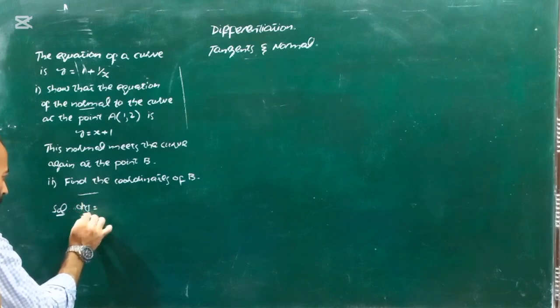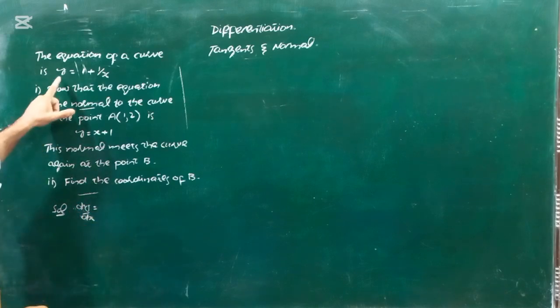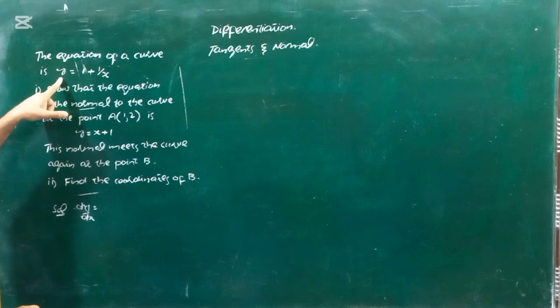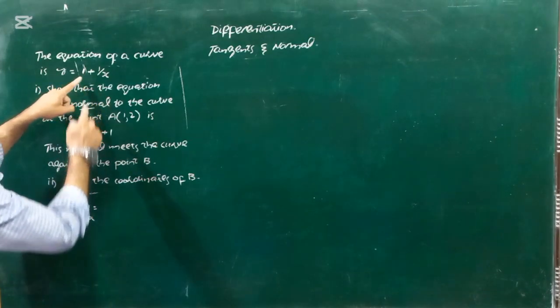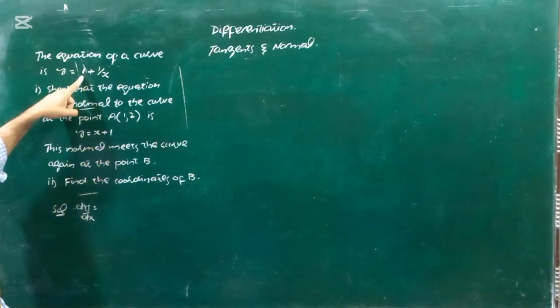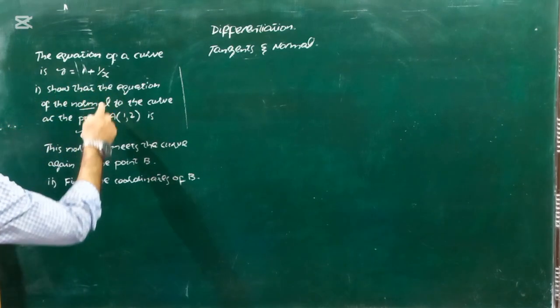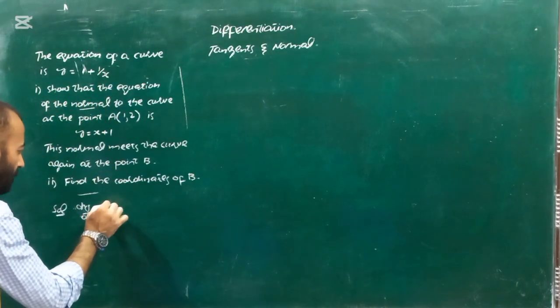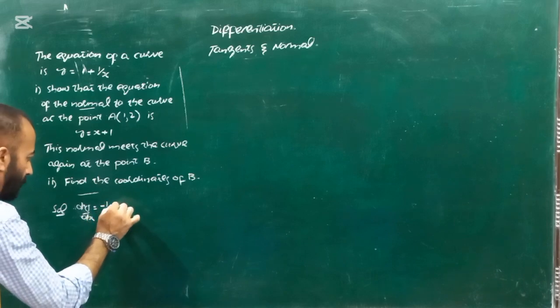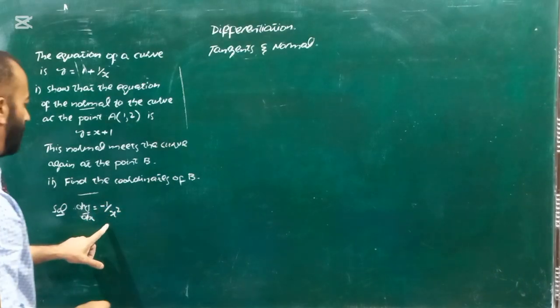So dy by dx will be equal to, look now, the differential of y is dy by dx. Here is a constant value, the differential of a constant is 0, and plus this. So this will be equal to minus 1 over x square. I'll show the method now.